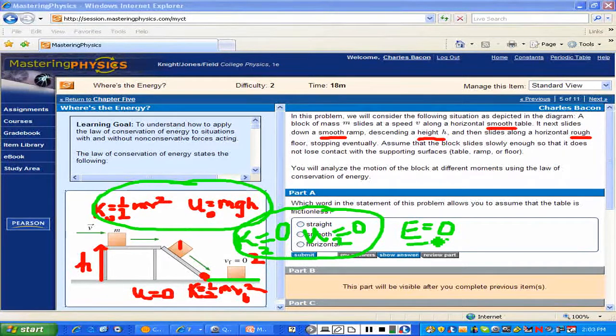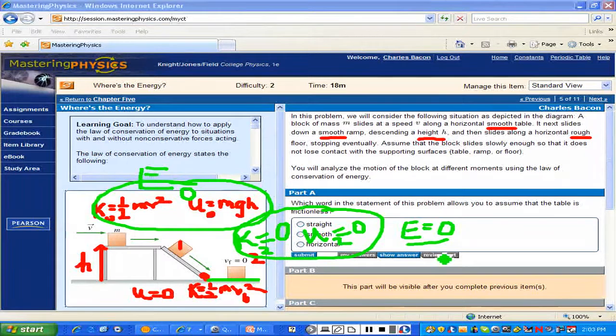So what does that mean when your total energy at the beginning, E0, and your total energy at the end are not equal? Well, that means that some external work was done on this object, a non-conservative force acting, in this case friction, to dissipate that energy.